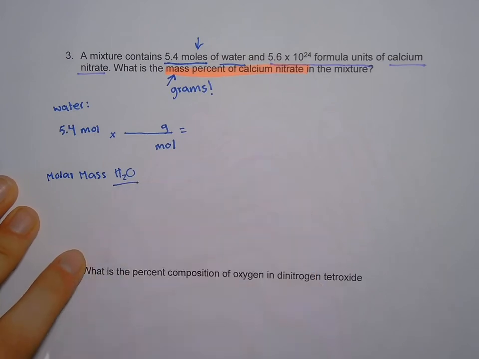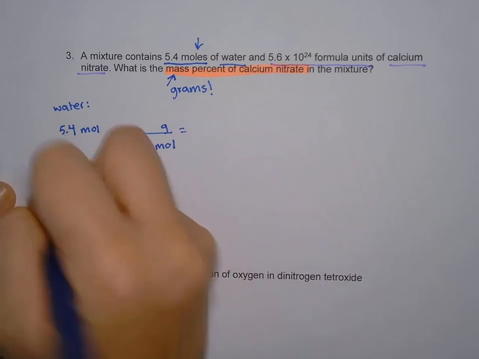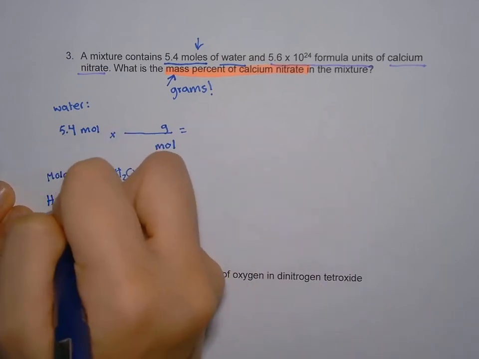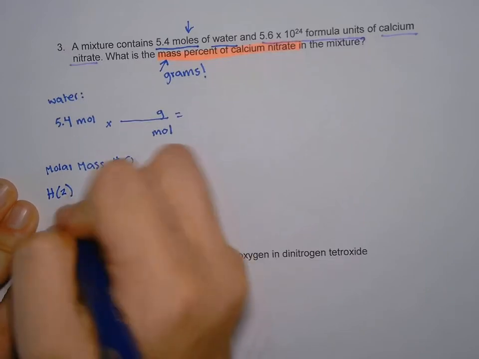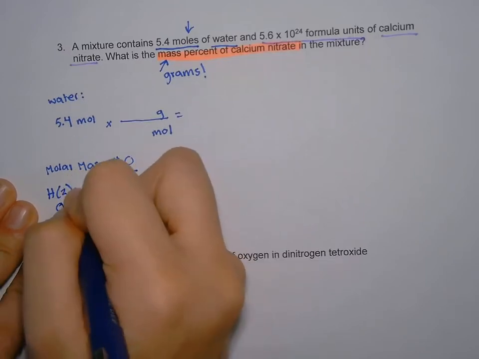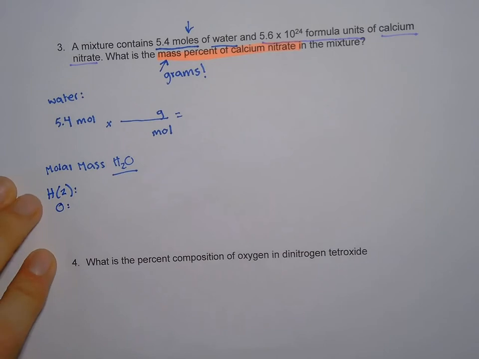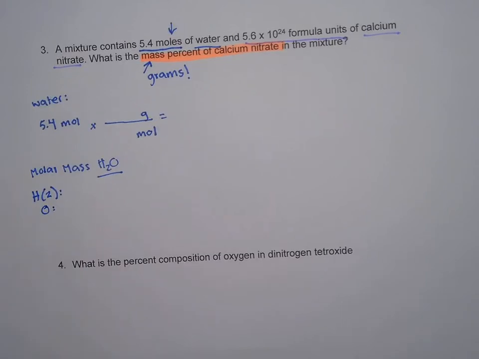Water is H2O. So I have 2 atoms of hydrogen and I have 1 atom of oxygen. I know from looking at my periodic table, let me show you just so you believe me. There we go.